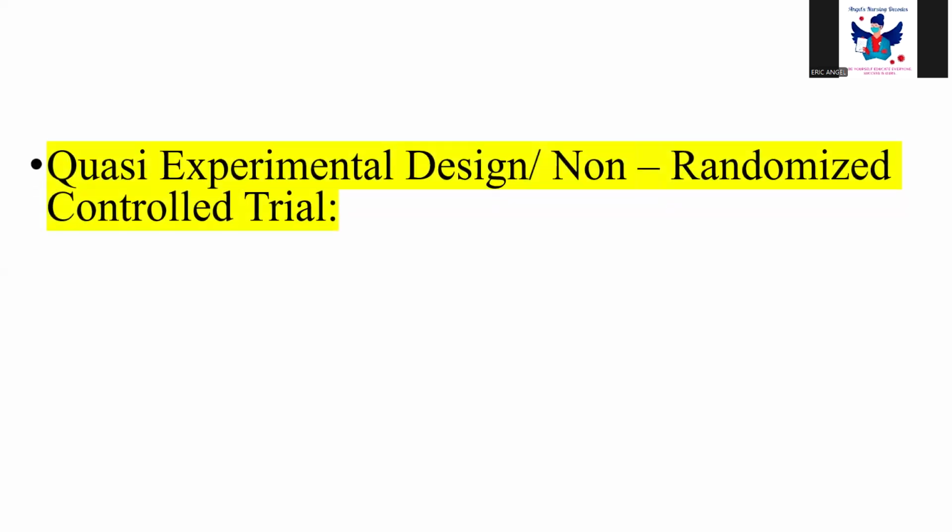Next, let's see about quasi-experimental research design or non-randomized control trial. So here, one characteristic is absent from the true experimental research design. Manipulation will be present, control group will be present, but here the randomization won't be there.